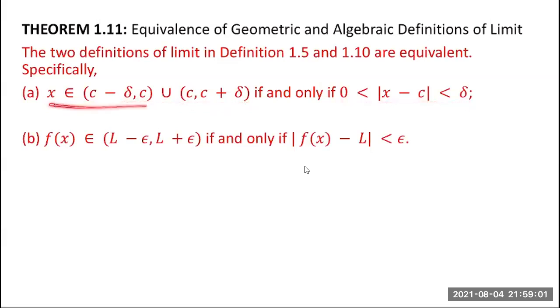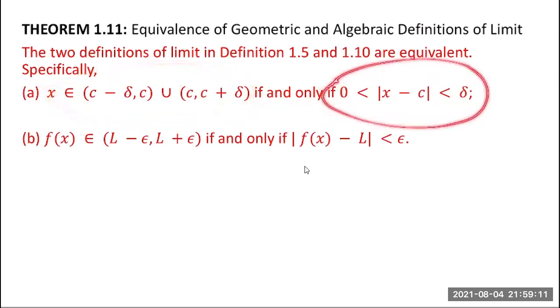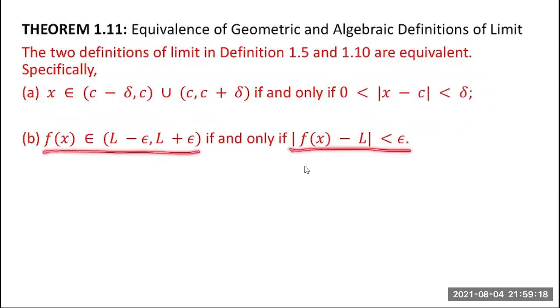Remember again, if and only if means if this is true, then this has to be true, and vice versa. Also, these two statements are equivalent: f of x is in the interval L minus epsilon, L plus epsilon, if and only if the absolute value of f of x minus L is less than epsilon.